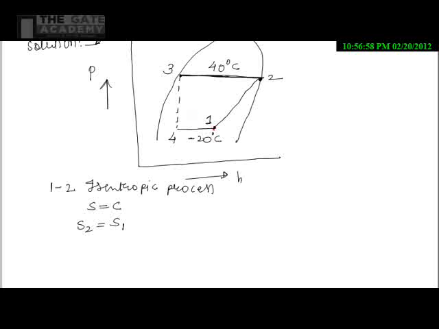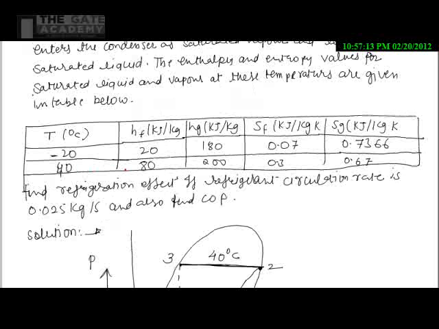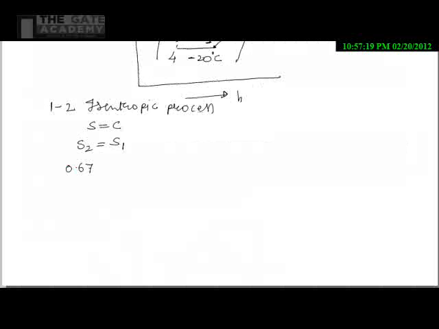So we have to find out the entropy. The entropy at point 2 is nothing but the entropy for saturated vapor at 40. At 40 degrees centigrade, the saturated vapor entropy will be 0.67. So I will write 0.67 equals to.